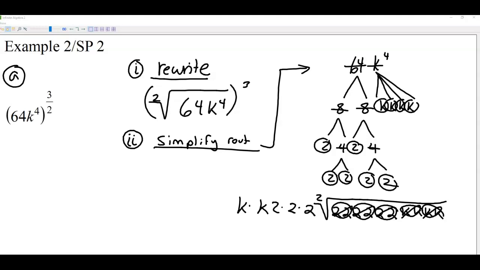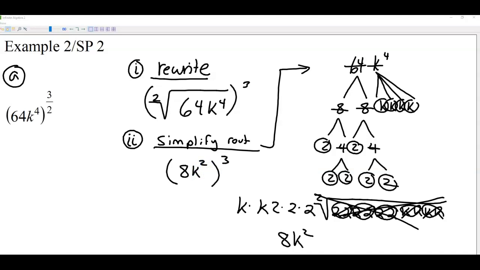So your root should go away in the end. So notice there's nothing left in the root, so we'll just get rid of that. And I've got 2 times 2 times 2, which is 8, and k times k, which is k squared. So I'm going to put my final answer there now. So 64k to the 4th is 8k squared.